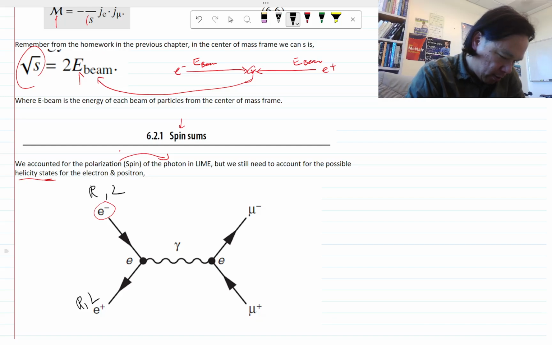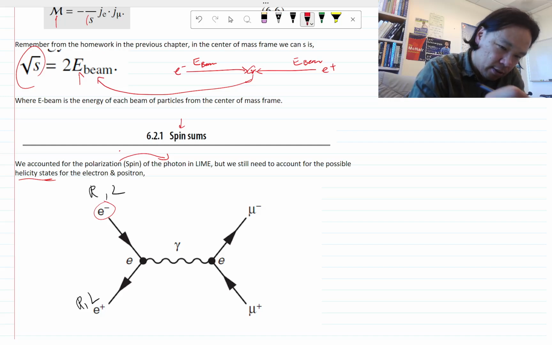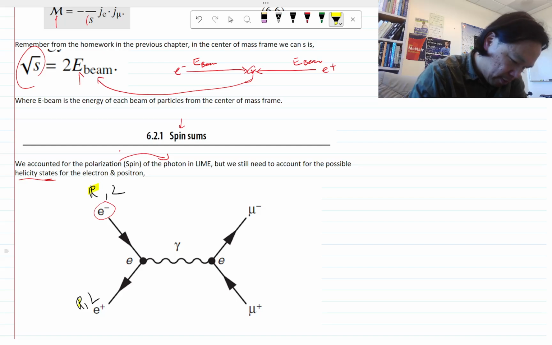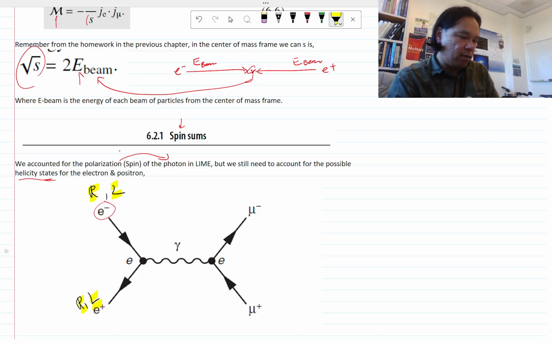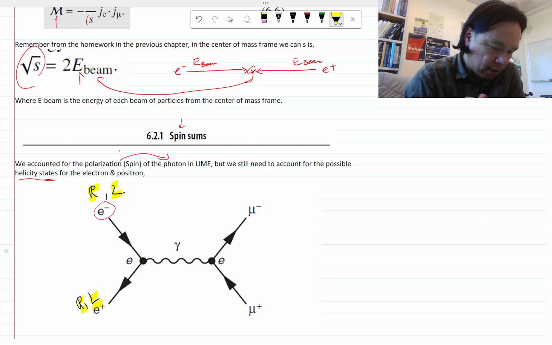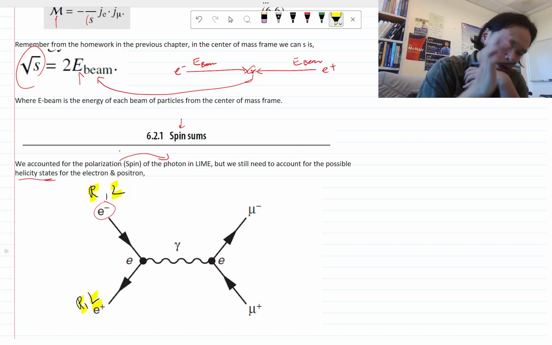So already, let's just deal with this left-hand side here. Let's go with the blue. You can have right, right. You can have right, left. You can have left, right. You can have left, left. Those are all the different possible ways that these electrons can come into this vertex. So there are actually 4 different possibilities.